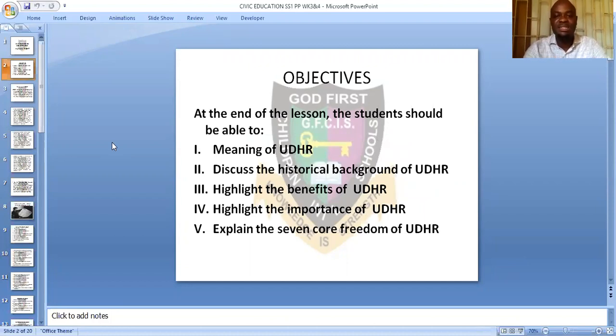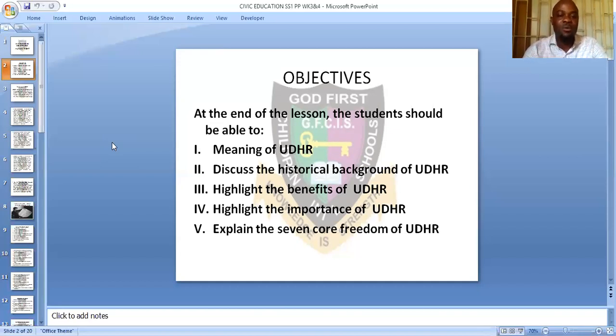At the end of the lesson, the student should be able to: one, define or say the meaning of UDHR. Two, discuss the historical background of UDHR, that is how UDHR came about, how it started, and how it has come to stay.